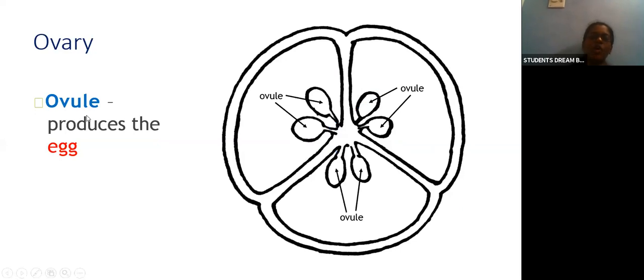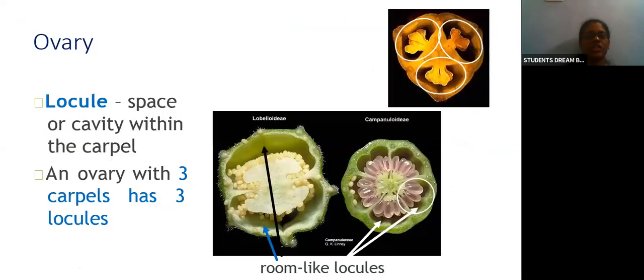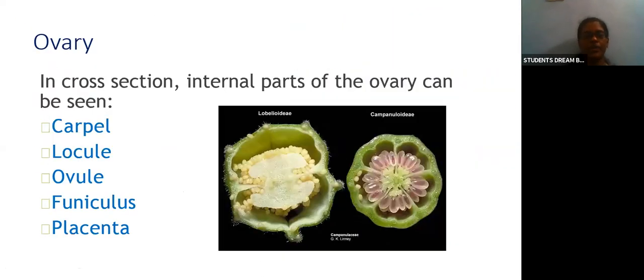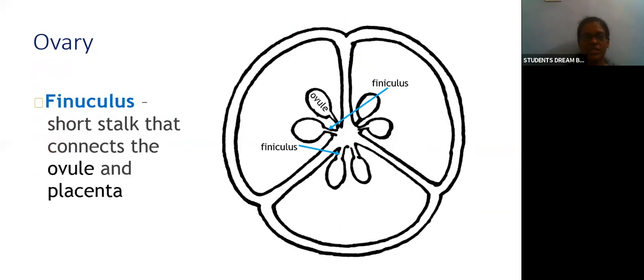Then you have the ovules. Ovules produce the egg. Clear? So enna structures paathom? Carpel, locule, ovule, funiculus, placenta. Ellame paathachu. These are the various structures.